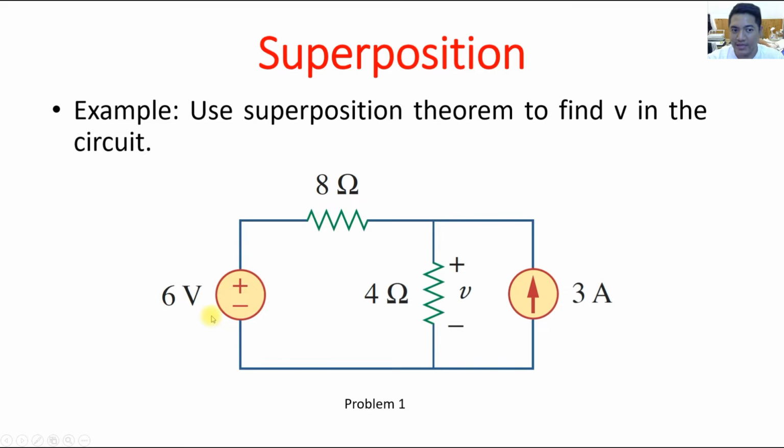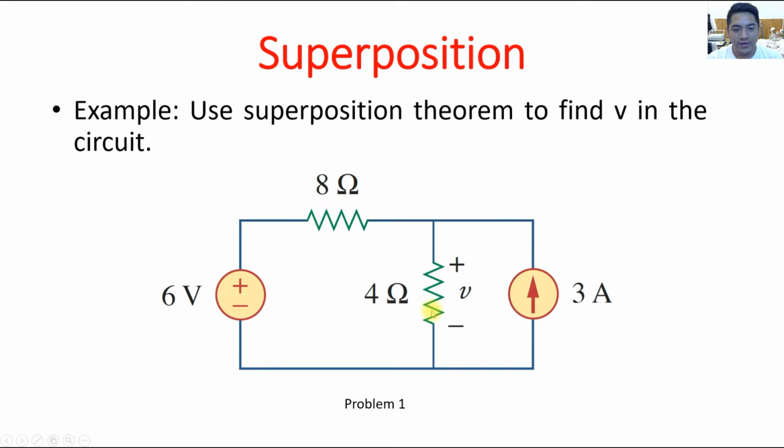After that, we turn off the voltage source by replacing it with a short, and let the 3 ampere current source dictate the voltage across here. If we have both answers, we just add them algebraically, and that is the answer for the voltage across these 4 ohms.